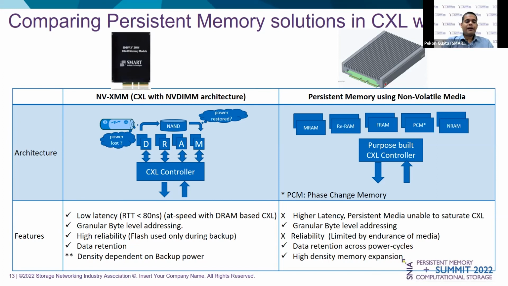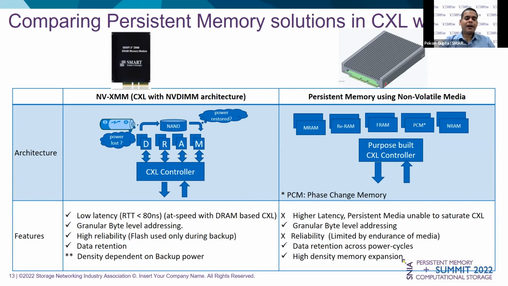Another important aspect is reliability. Since the data is written encrypted and it's only stored on the NAND flash during a power loss cycle, you pretty much have infinite endurance, and this gives better reliability for memory applications. There are some challenges on the XMM side because of the backup power.